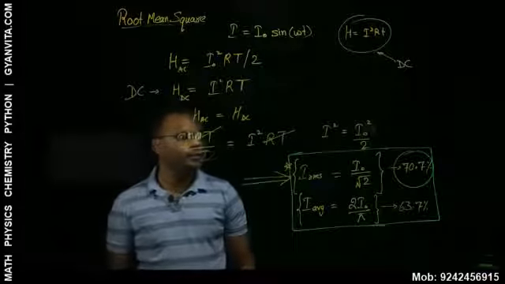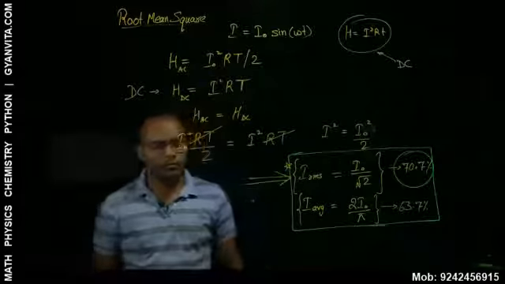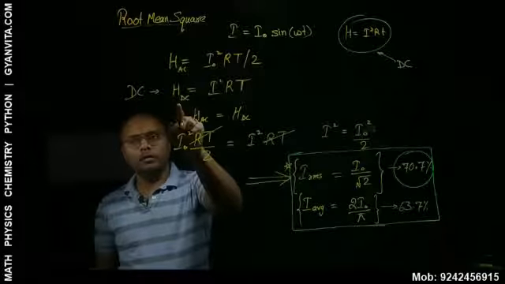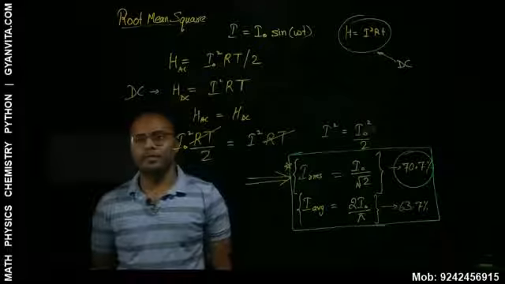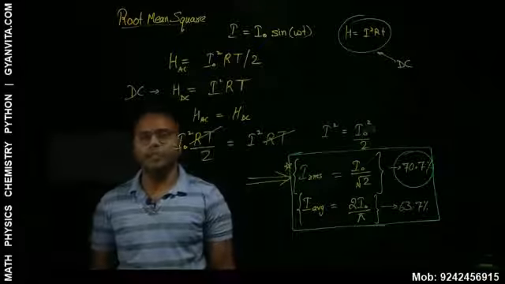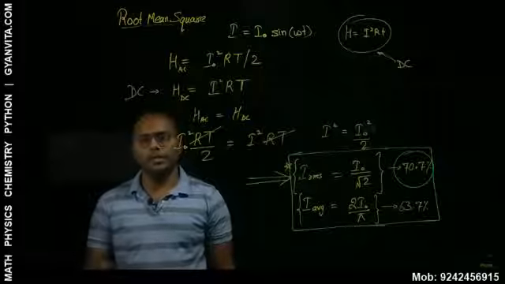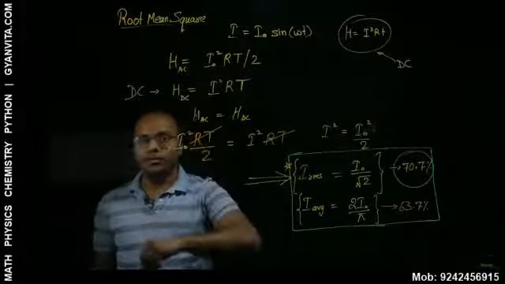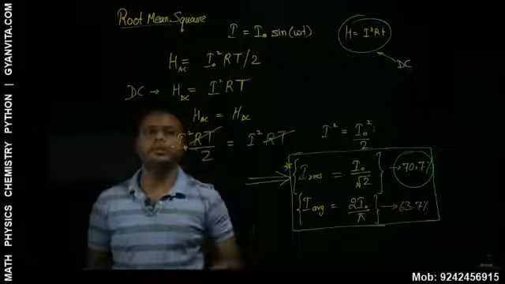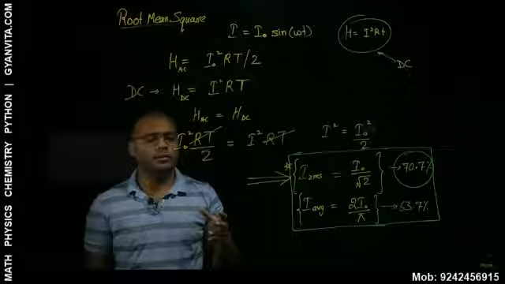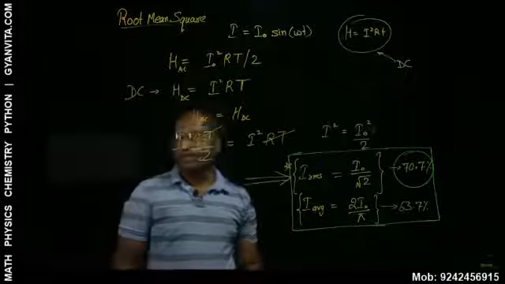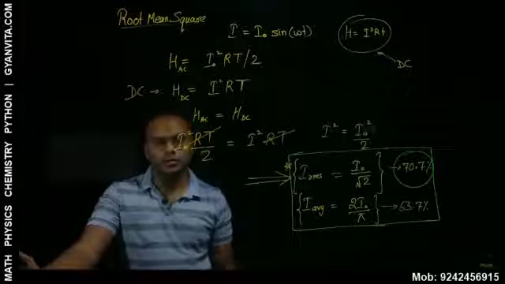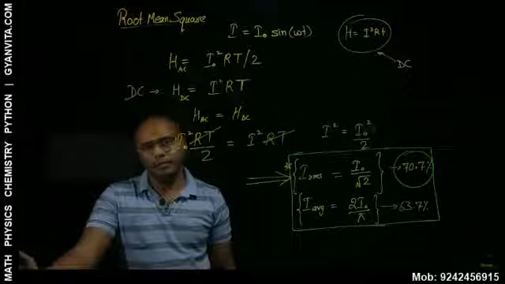So what's the reason why you use IRMS? Because this actually gives you the actual energy consumed. Charge doesn't give you the actual energy consumed. This gives you an idea about the energy consumed, and also about the heat generated. In appliances, the heat generated is very important and has practical significance compared to the charge.